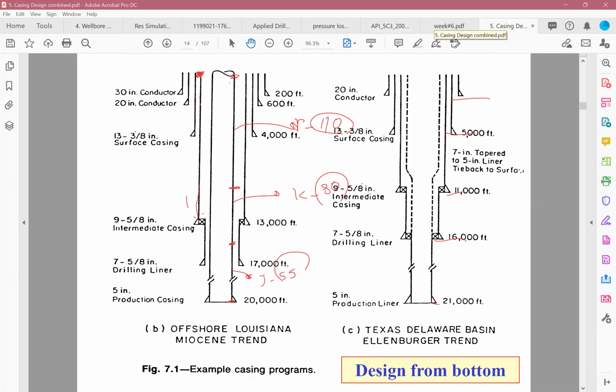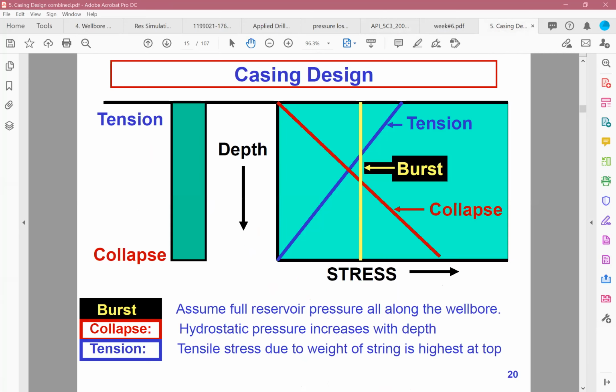Any other questions? So we'll not start the design today because we are almost done for this session. If you guys have any questions, please ask.